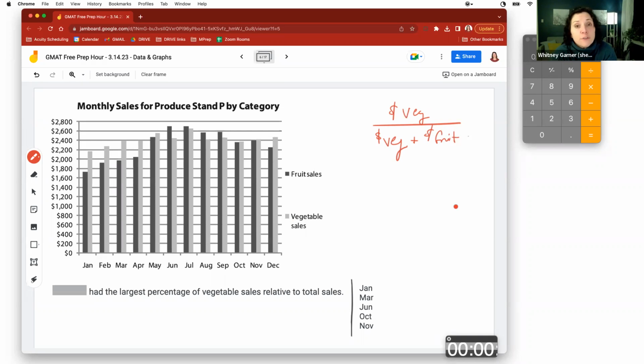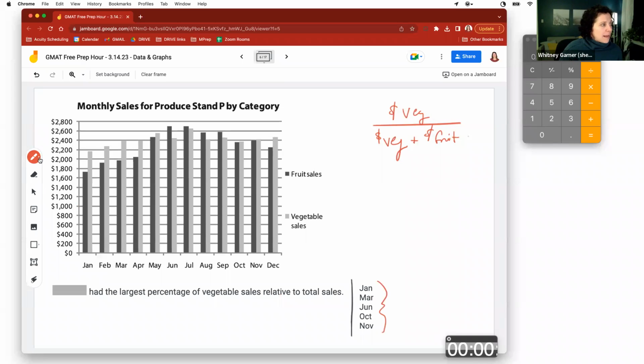Now, I don't want to do that for 12 months. I really don't. Certainly, if we feel a little comfortable with the data, we might be able to narrow some things down. But even better, if we're given a limiting answer choice already.